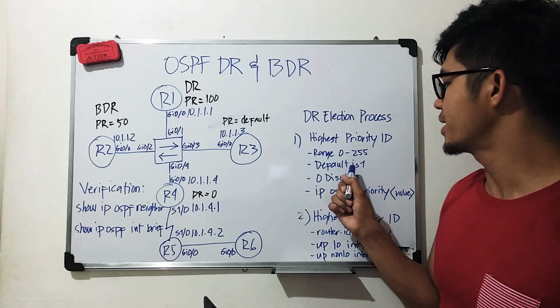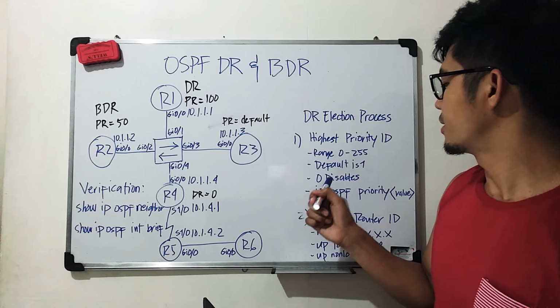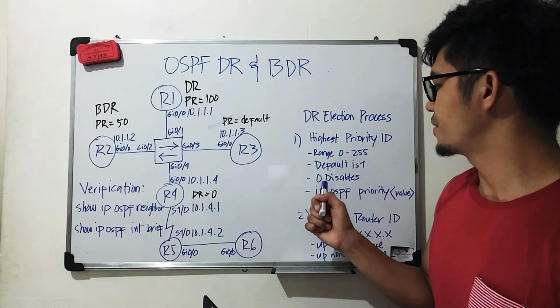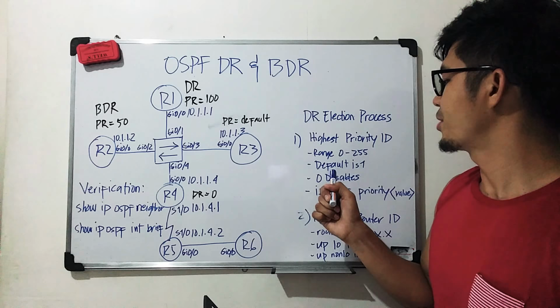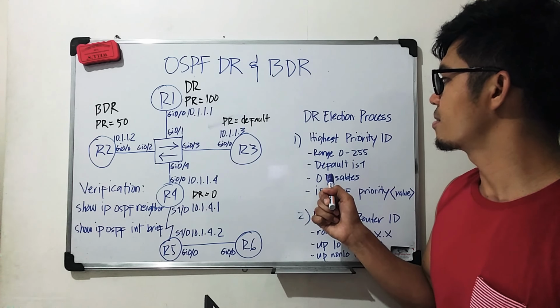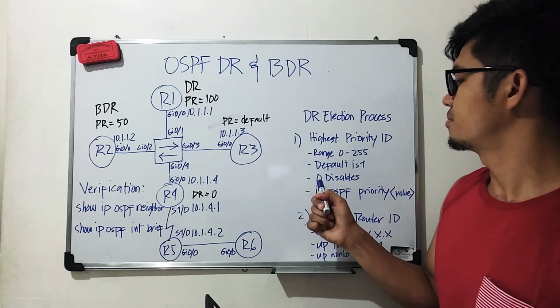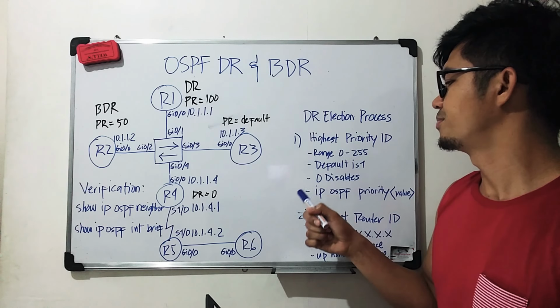Default is 1, and 0 means that if the router has a priority of 0, it will not participate in the DR or BDR election. It will be a DROther router.